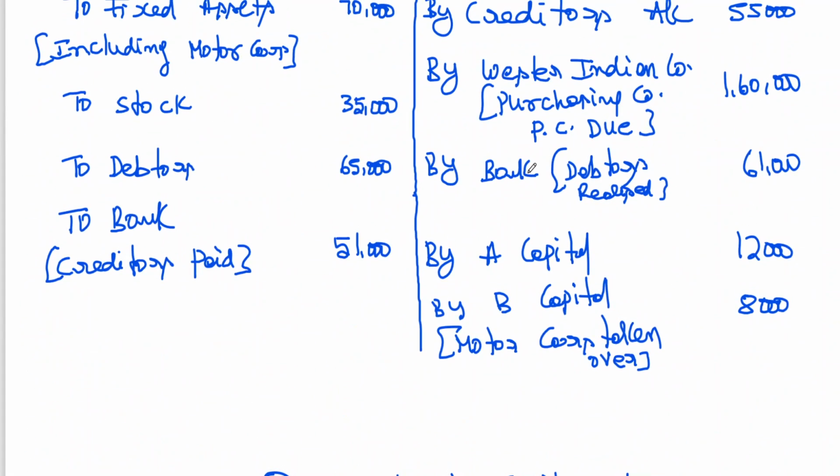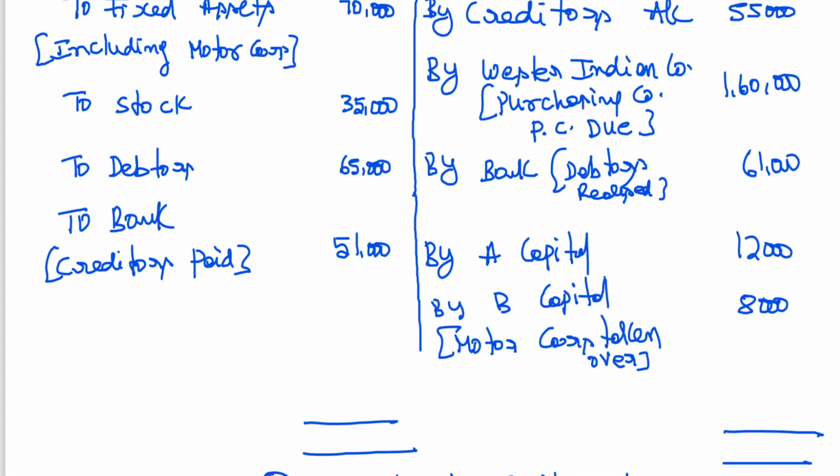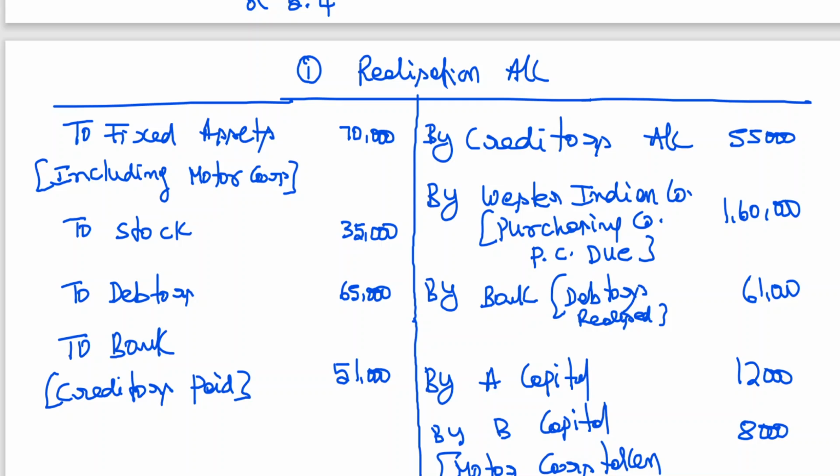Now we need to go for realization account. Then finally we can close all partners capital accounts and cash account. I think in this case realization account credit side is showing more: 55,000 plus 1,60,000 plus 61,000 plus 12,000 plus 8,000.